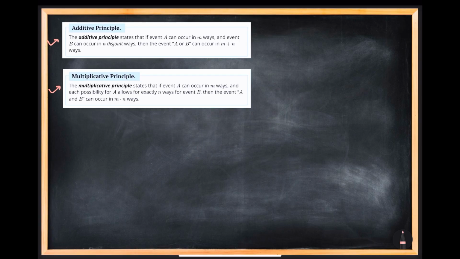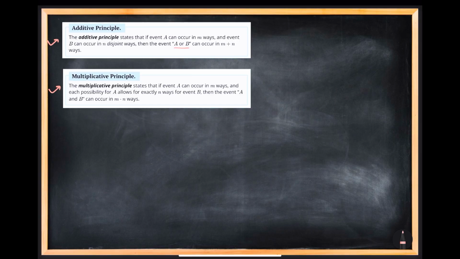Now the multiplicative principle. The multiplicative principle states that if an event A occurs in m different ways and each possibility for A is followed by exactly n ways for event B, then the event A and B can occur in m into n ways.